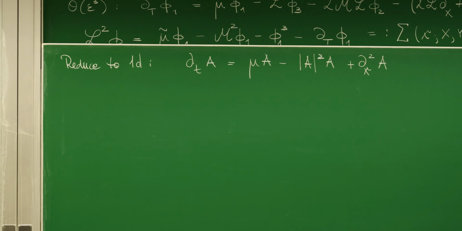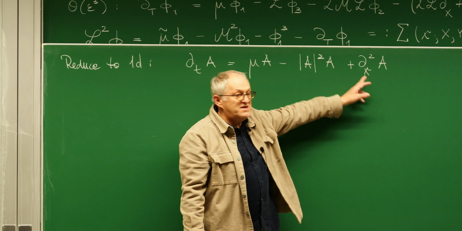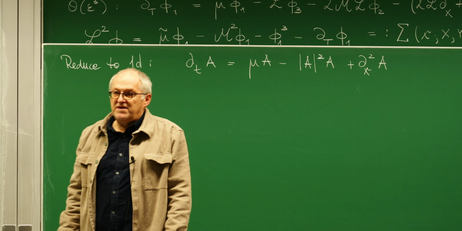So this is what? Replace the A by your favorite symbol, like magnetization or phi. This is model A, with a standard double well potential, that's the two terms that you see here. And this is the stiffness term of model A.